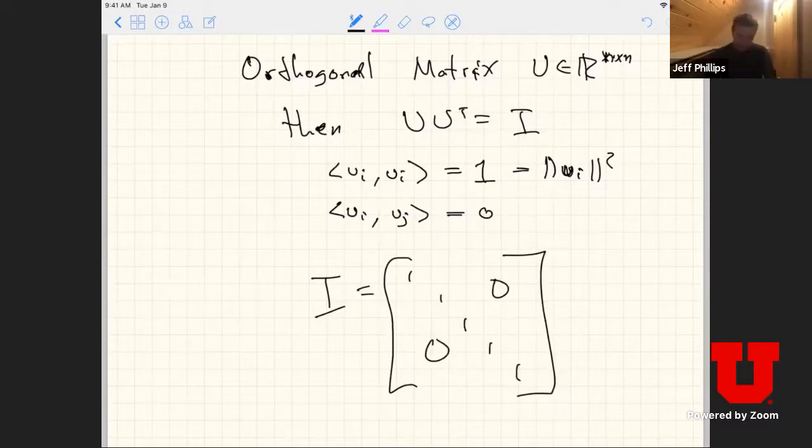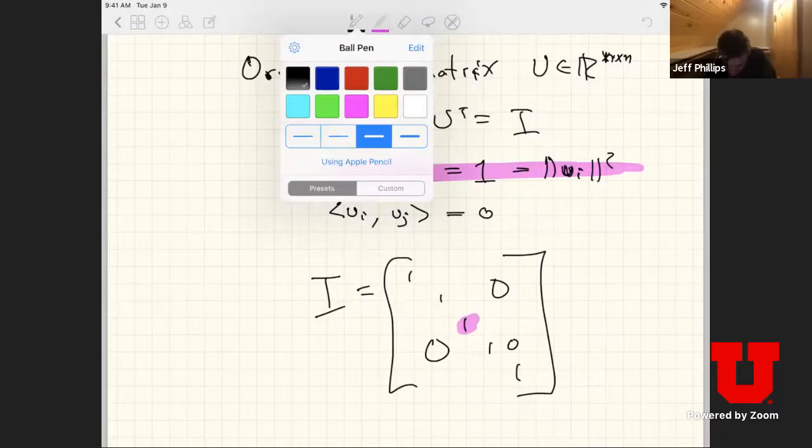The 0s off the diagonal correspond with an i and a j that aren't the same.